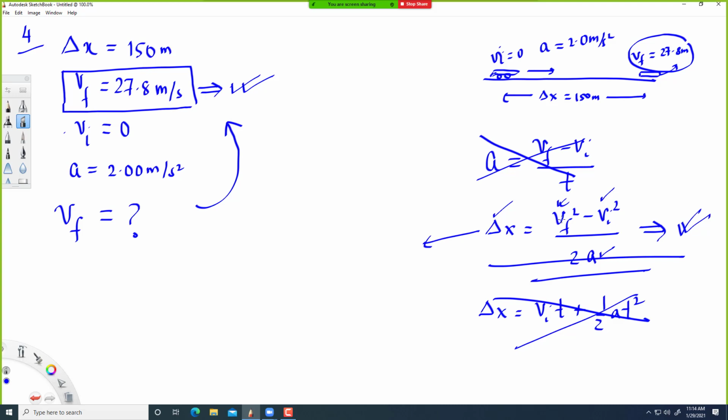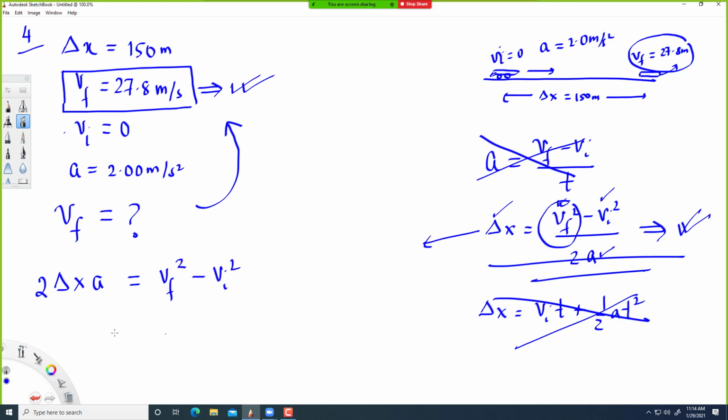In order to find VF, we want to rearrange this equation in terms of VF. So take the 2A to the left: delta X times 2A is equal to VF squared minus VI squared. I'm just rearranging the terms.